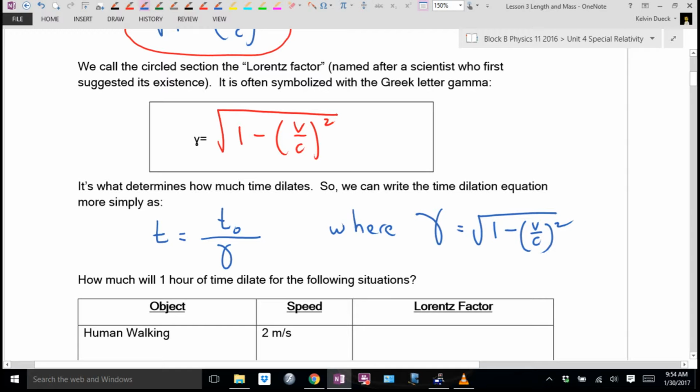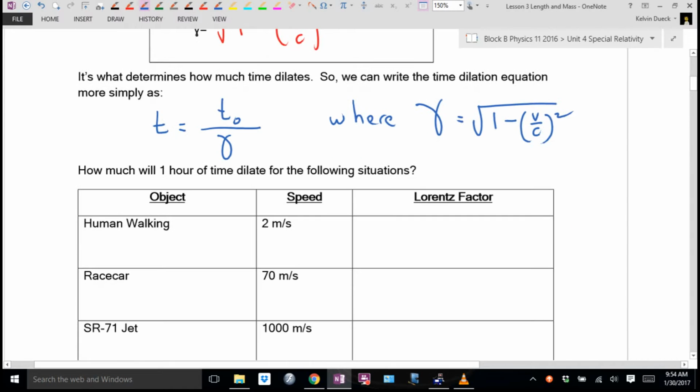You can write that down if you want to, but we kind of have that in the box right above. So Jason, you don't have to write it down if you don't want to, but certainly you can write down t equals t0 over gamma. Now that I show this, I have some kids that choose to write that as the formula because it's less writing, and then they just notice that gamma is the square root of 1 minus v over c all squared.